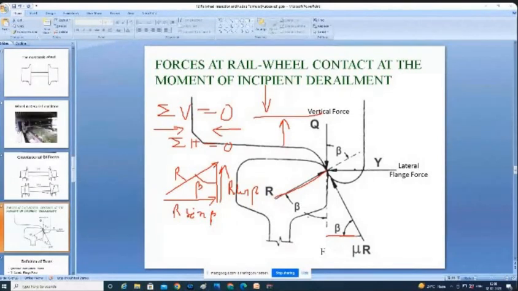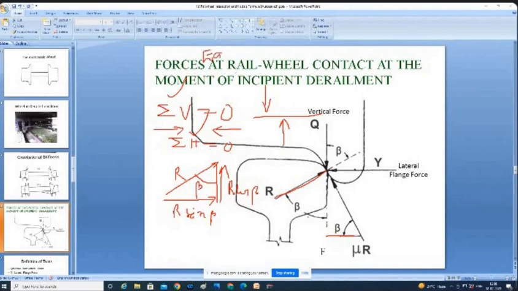Then there will be no derailment at all. If it is not balanced, then an additional force is acting. For example, if the lateral flange force dominates the vertical force, then it leads to derailment. So we apply sigma V equal to 0, sigma H equal to 0, sigma M equal to 0. These are called equilibrium laws.